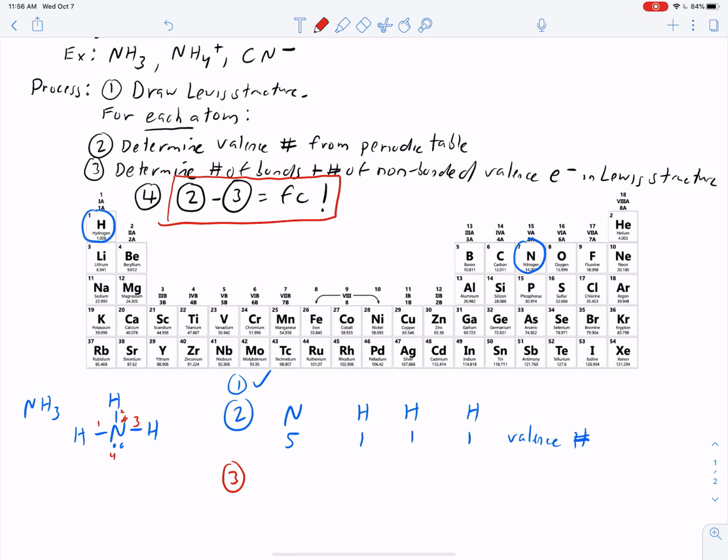And then this electron is number 4, and that electron is number 5. Each single electron counts as a non-bonded valence electron. And so that 5 comes from 3 bonds plus 2 non-bonded valence electrons.